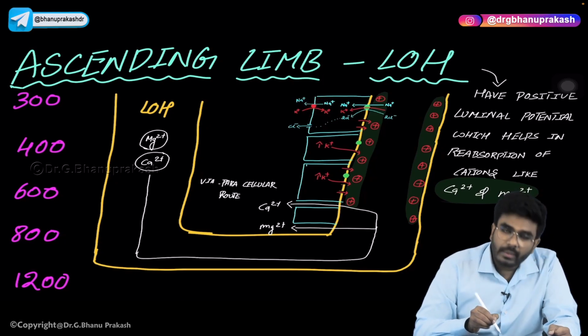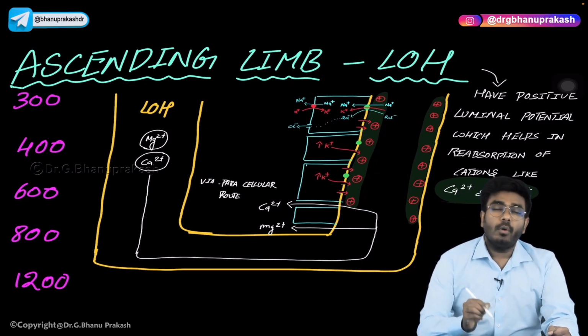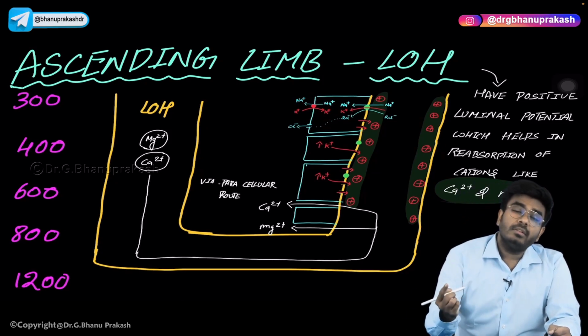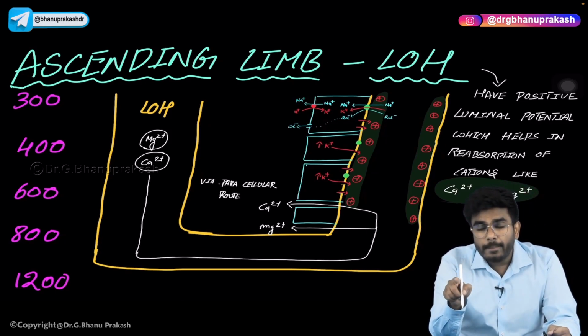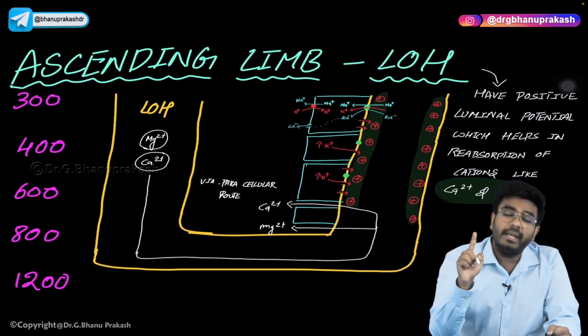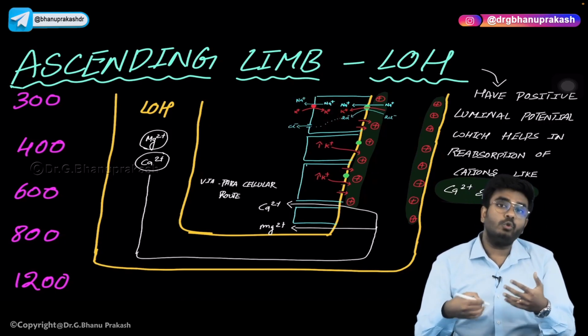The sodium potassium ATPase also brings potassium into the cell. So potassium comes in via the sodium potassium 2 chloride symporter as well as the sodium potassium ATPase, and it accumulates in the cell too much.